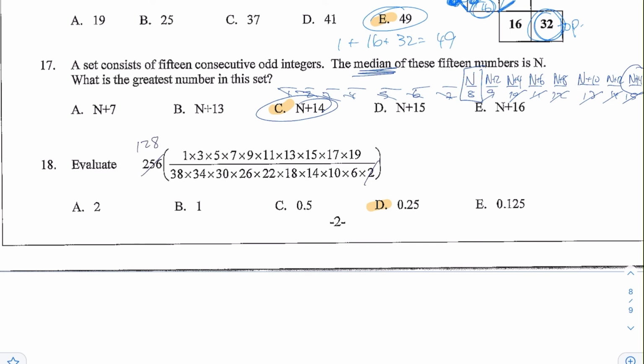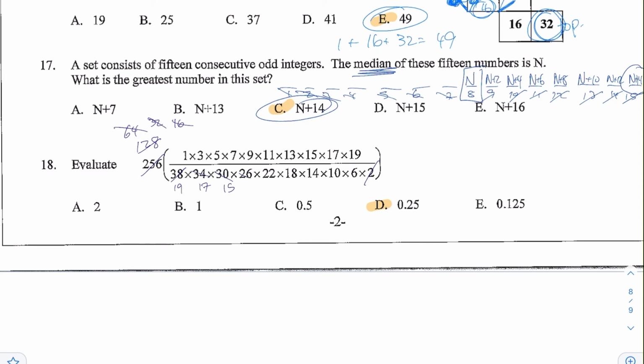And then this 128 can cross cancel with another factor of 2 here to form 19 and 64. And then 64 cancels with this 34 to form 17. And then this 32 cross cancels with another 2 to form 15 and 16.